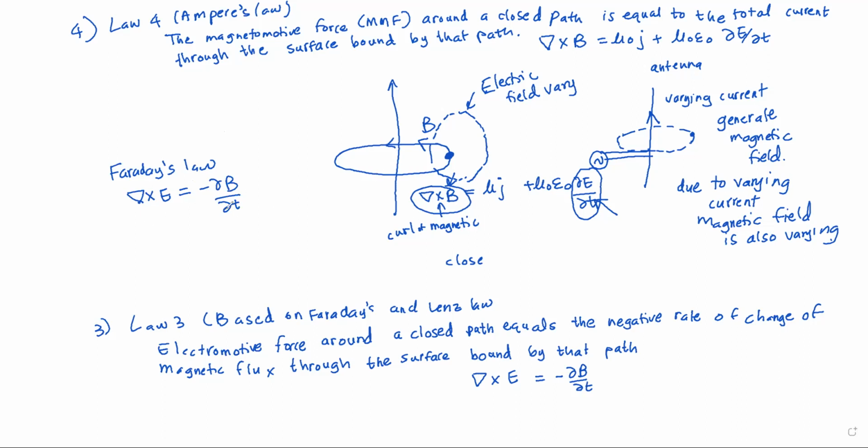In other words, if there is an electric field available at one point, it also causes some magnetic field which is varying with time to occur. I hope it is clear to you.